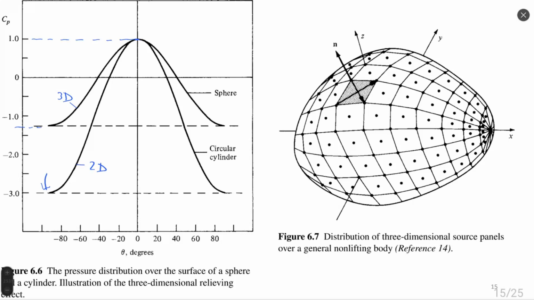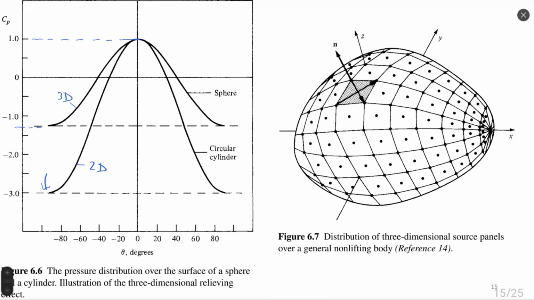They can be rectangular or quadrilateral panels, or could be triangular panels. And on each panel, we have constant values of normal direction, we know the size, and we have a constant value of strength of source.